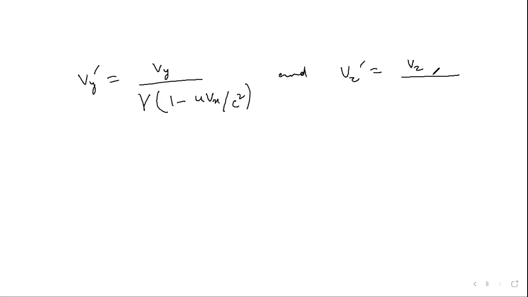So Vy prime will be, I will write directly, Vy over gamma times 1 minus u Vx by c square, and Vz prime is Vz over gamma times 1 minus u Vx by c square.